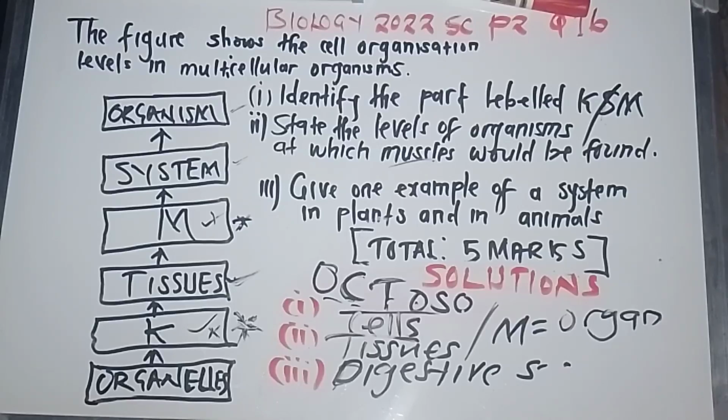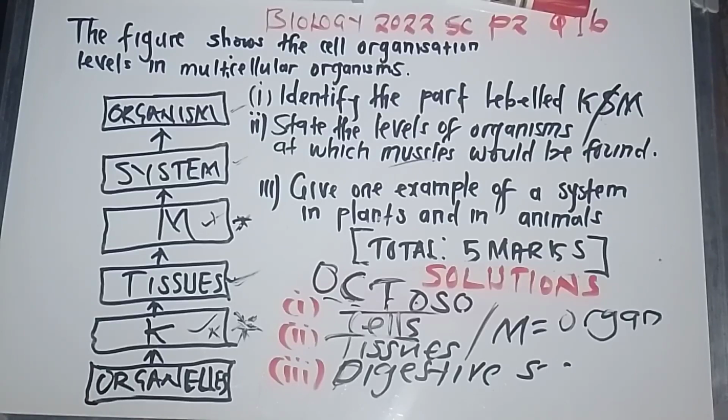Besides the liver, you'd find that even the stomach is an organ, and stomach is also found in what? In the digestive system. So you'd find that a system, as I was saying, is actually made up of different body organs. I hope you're getting it.